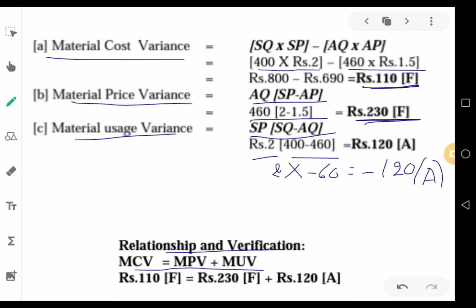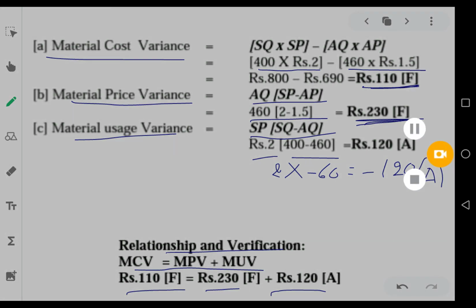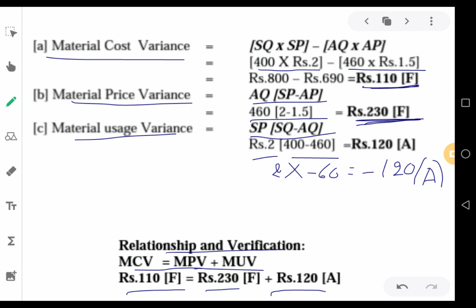So the cost variance we have is 110 favorable, that is plus 110, equals price variance 230 favorable, that is plus 230, and usage variance is adverse, that is minus 120. Why are you taking it as minus 120? That's actually the formula MPV plus MUV, so plus adverse variance means minus 120.